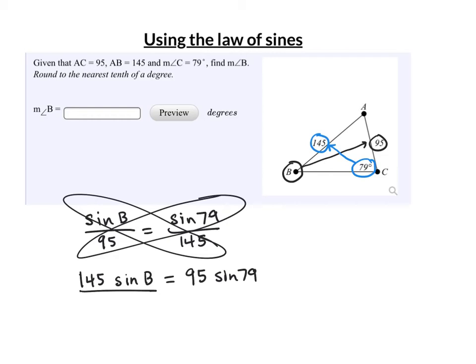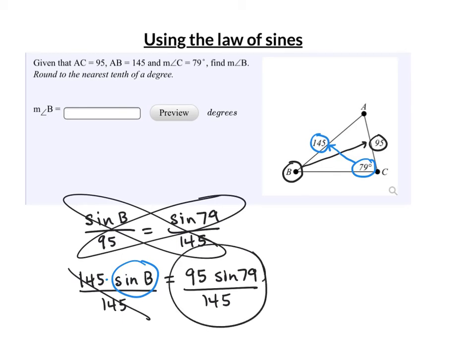We're solving for the sine of B, so we need to get it by itself, and there's times right there. So we'll divide by 145. And we see that the sine of B is this.